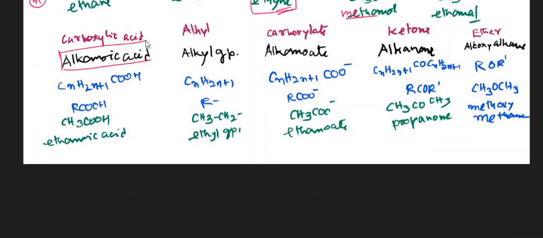They are represented by RCOOH. You already know R is nothing but the alkyl group, CnH2n+1, and this is the functional group of alkanoic acid. So what is the first compound? That is HCOOH, called formic acid. And by IUPAC it's called methanoic acid. Please note down, methanoic acid.